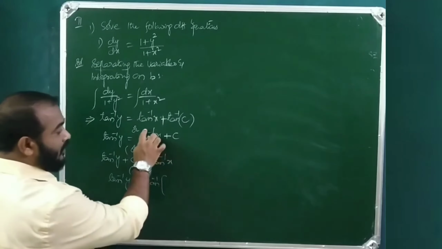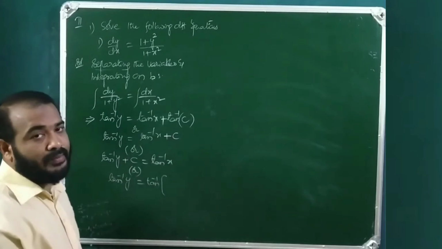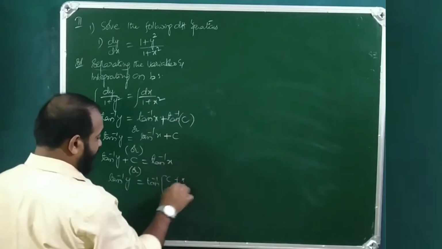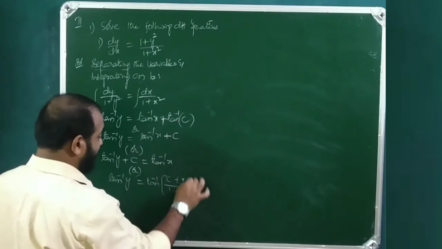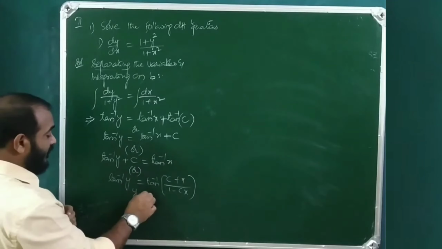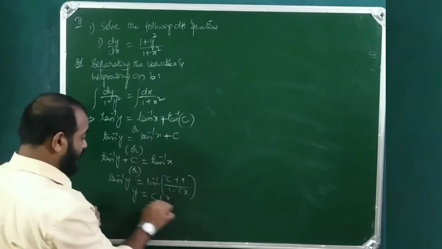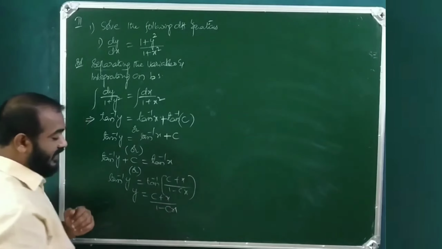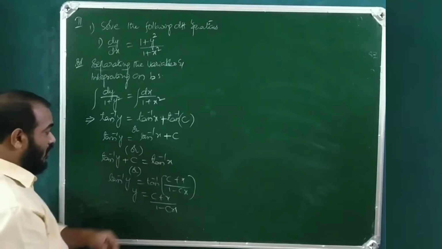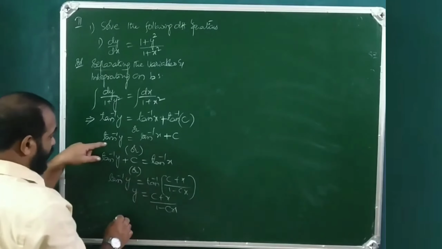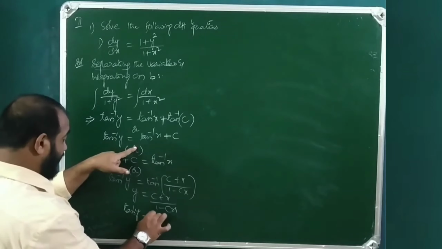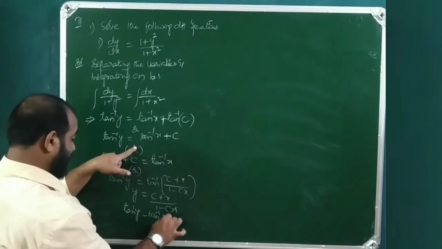Tan inverse a plus tan inverse b is tan inverse of a plus b by 1 minus ab. So c plus x by 1 minus cx. If tan inverse is removed on both sides, then y equals c plus x by 1 minus cx is what we are getting. Otherwise y into 1 minus cx equals c plus x, or tan inverse y minus tan inverse x equals c.